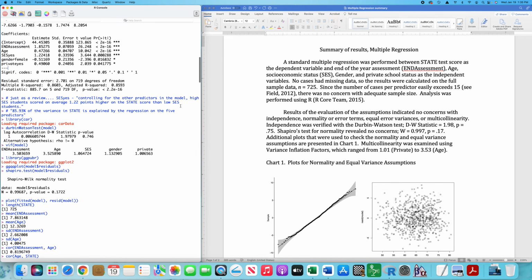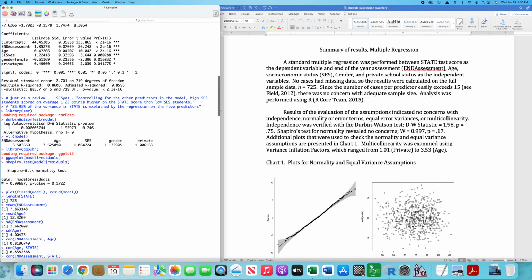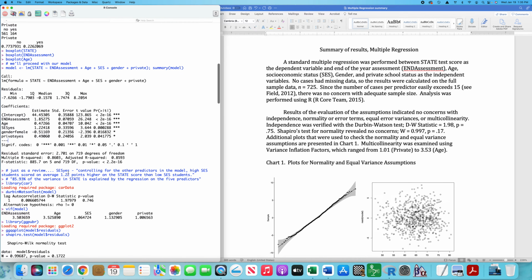Now, just to review, if we're going to interpret the SES coefficient, I would say that controlling for the other predictors in the model, high socioeconomic status students scored on average 1.22 points higher on the state score than low SES students.